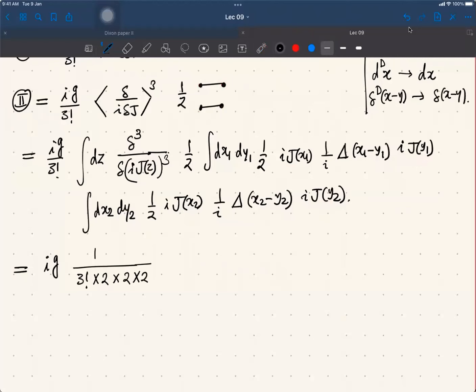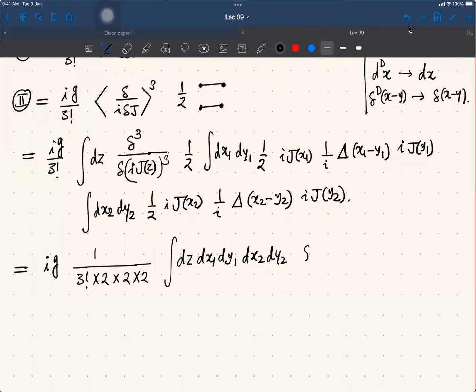Okay, and then you have dx1, dz, dx1 dx2 y1, dx2 dy2, and you just take any arbitrary combination of acting this. So let me take 2 derivatives going here and here.